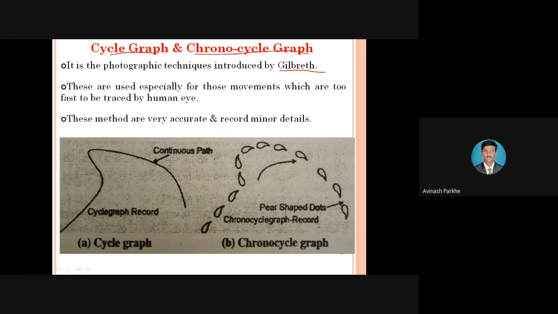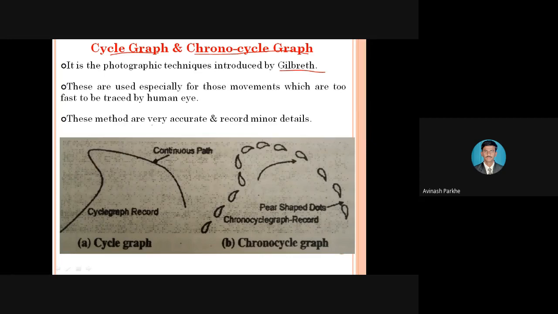Such a movement cannot be traced by the human eye alone. So if I am operating the machine with my left hand, and it moves from the left to the right side within a fraction of a second, that fast movement cannot be recorded by the human eye only. Such very fast movements can be traced by using the cycle graph, and the second one is the chronocycle graph.